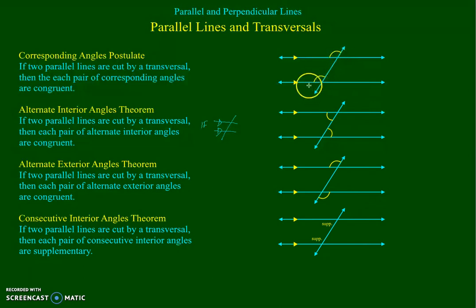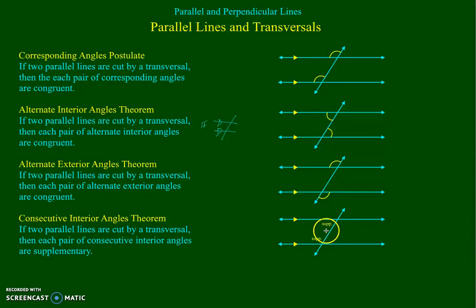These corresponding angles are congruent, alternate interior angles are congruent, alternate exterior angles are congruent. Consecutive angles are going to be supplementary. Supplementary, remember, means these 2 angle measures add up to 180 degrees. So we're out of the world of congruence when we get to consecutive. So this is the one that's the odd one.